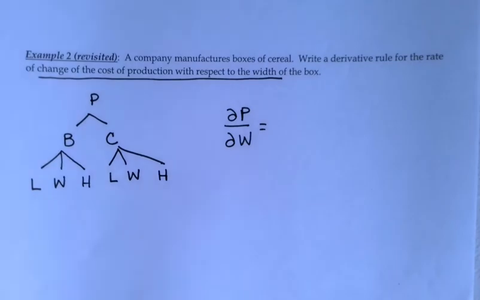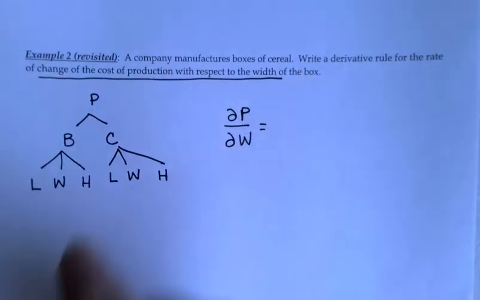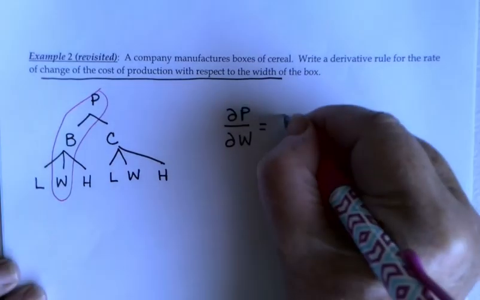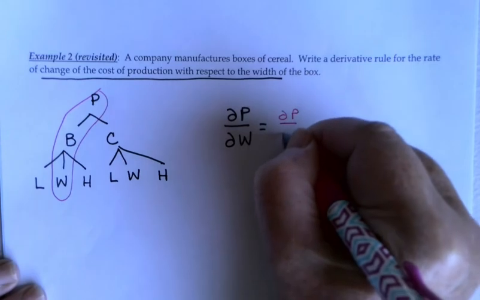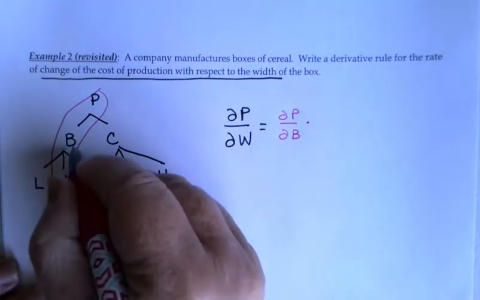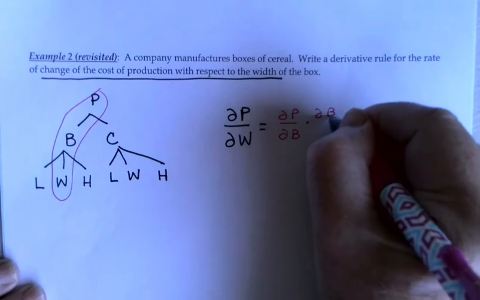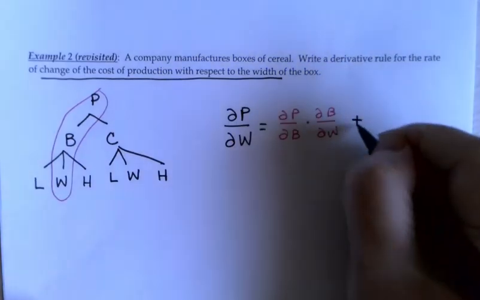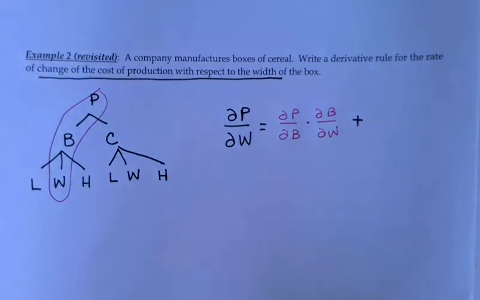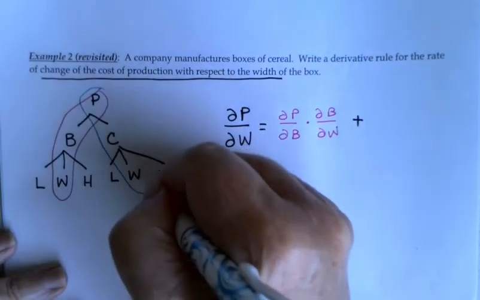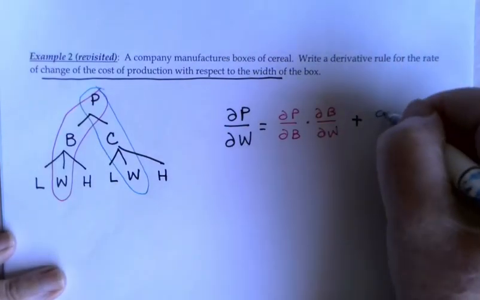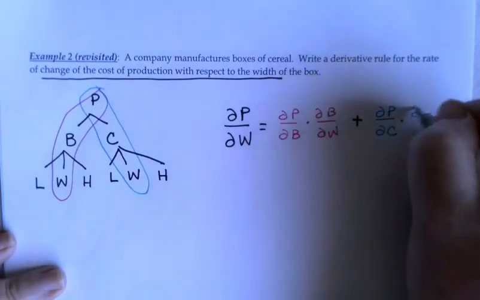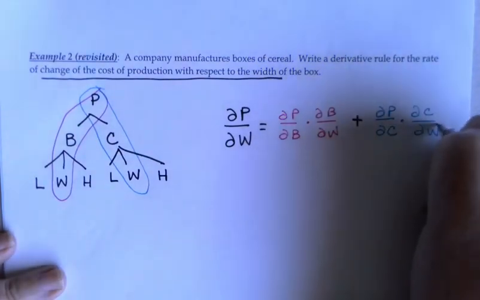All right, so again, I need to follow every path that goes from p to w. There's one right here. Partial derivative of p with respect to b times the partial derivative of b with respect to w, plus this path here, the partial derivative of p with respect to c times the partial derivative of c with respect to w.